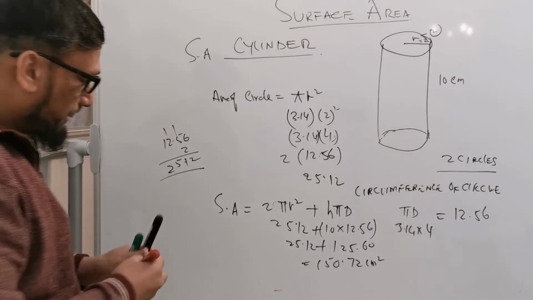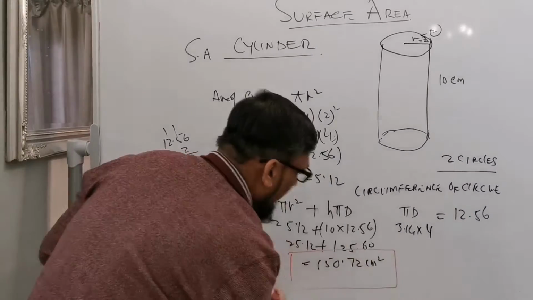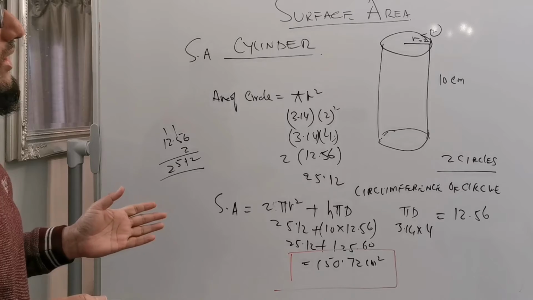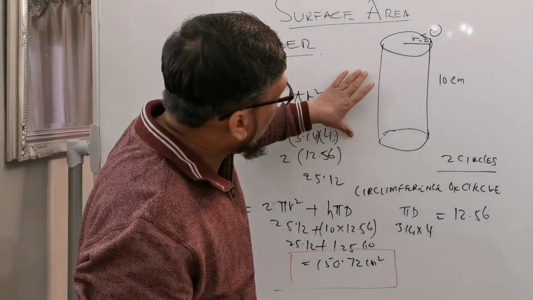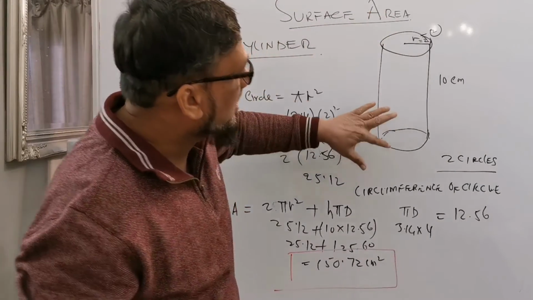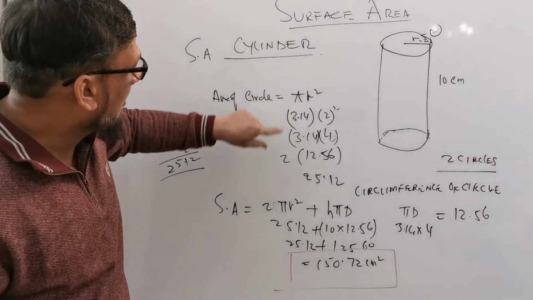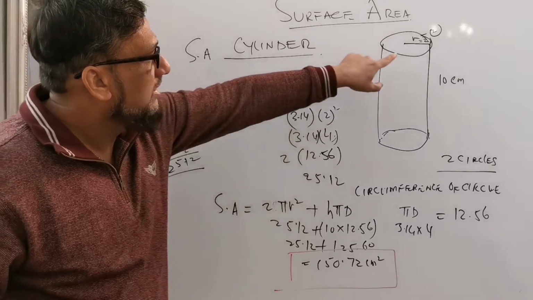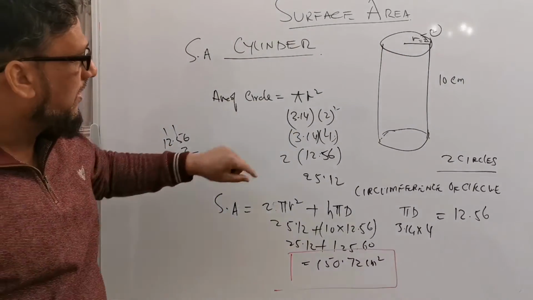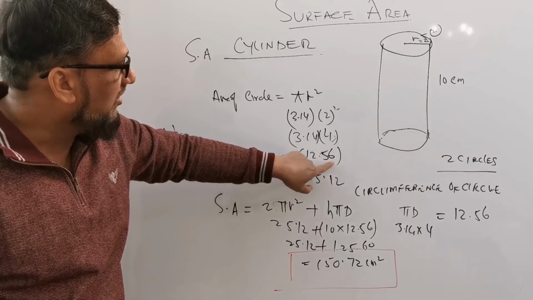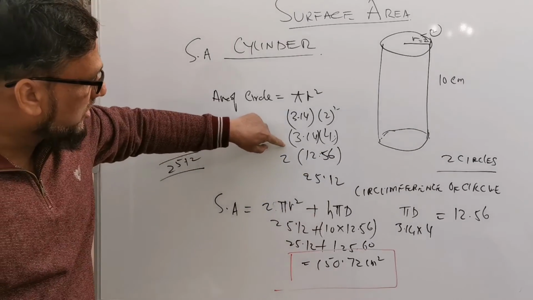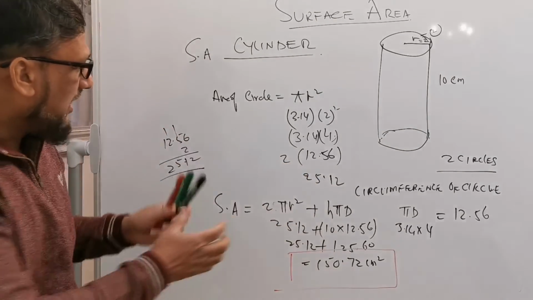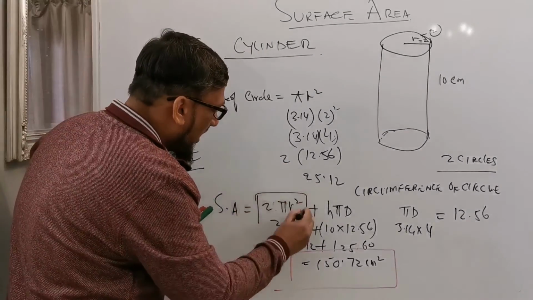So this is the surface area of cylinder. In a cylinder there are two circles. So I did pi r square, which is the area of circle, and the answer is 12.56. There are two circles, so times by 2 gives 25.12, and I substitute this value here.